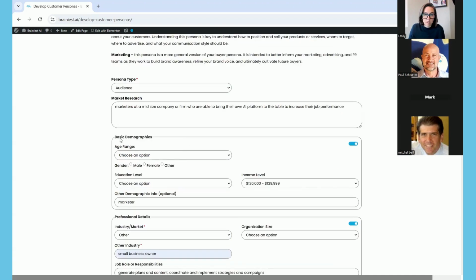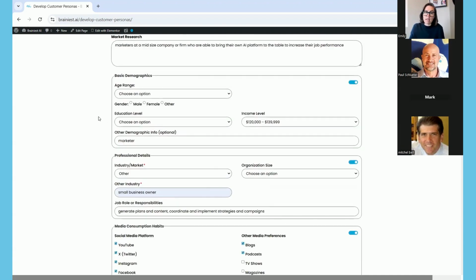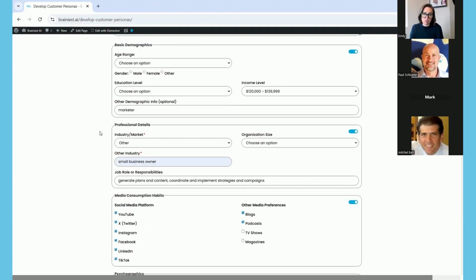Okay, so again, you can put as much or as little in here as you want. There are things that we think are more required. It might make more sense for you to choose more vague categories or answers in that area. If it's something that we don't have, please let us know.